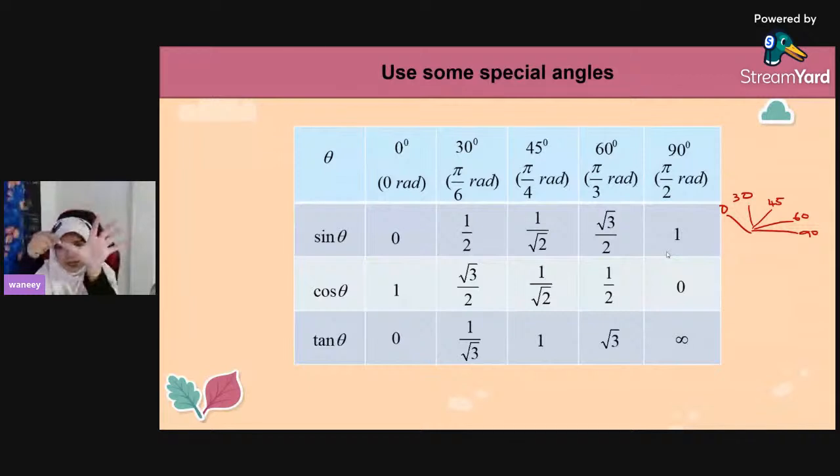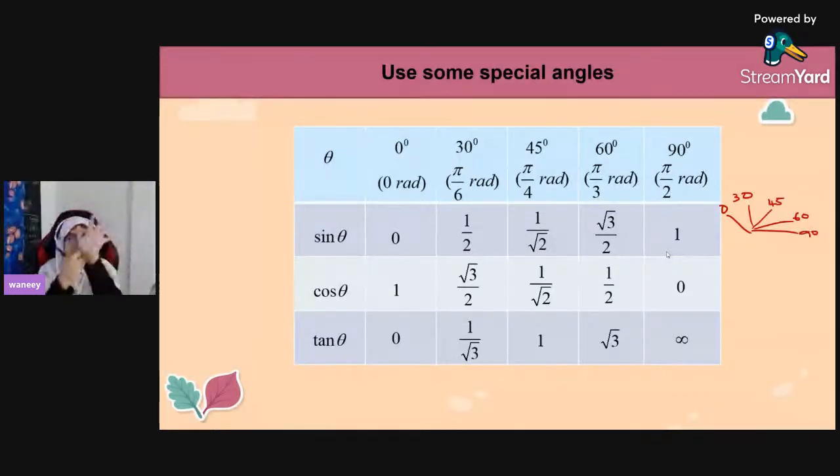So on your fingers, for me, I already use them a lot, so I don't really need to write them. But for you, you might want to write them first. 0, 30, 45, 60 and 90.